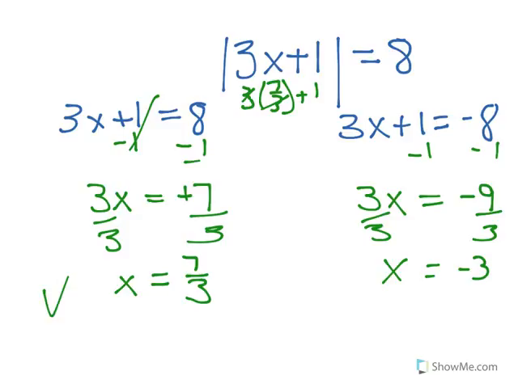And then negative 3, if we check that in our original equation, we get 3 times negative 3 plus 1. That's a negative 9 plus 1 is a negative 8. Well, the absolute value of negative 8 is 8, so that also checks.